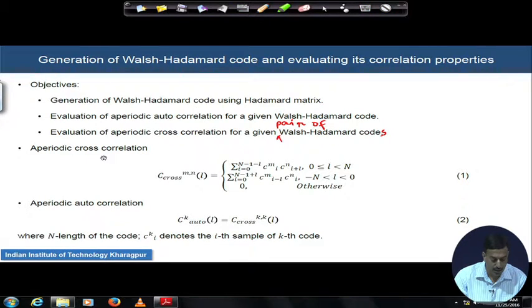So aperiodic cross correlation can be expressed using this relation. So we have a cross correlation term which is denoted by C cross, and it is between two different codes.